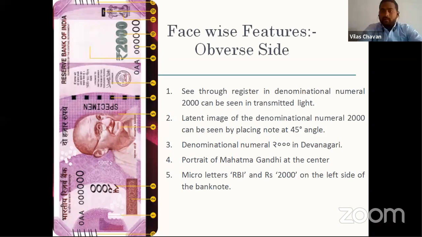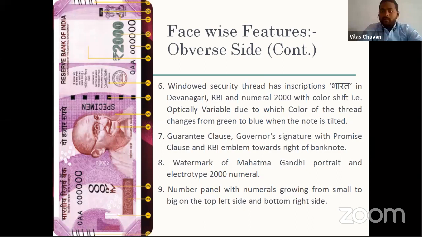Then also you can see the micro lettering of the numeral 2000 on the left side of the note. Then you'll see the windowed security thread which has the inscription Bharat with a color strip that is variable, due to which the color of the thread changes from green to blue when the note is tilted. The next comes the guarantee clause, then the Governor's signature with promise clause, and the RBI emblem towards the right of the banknote.